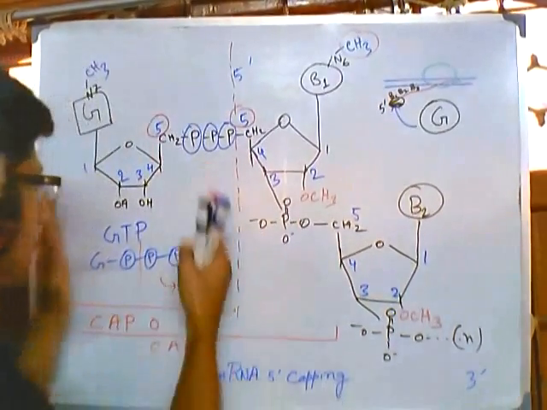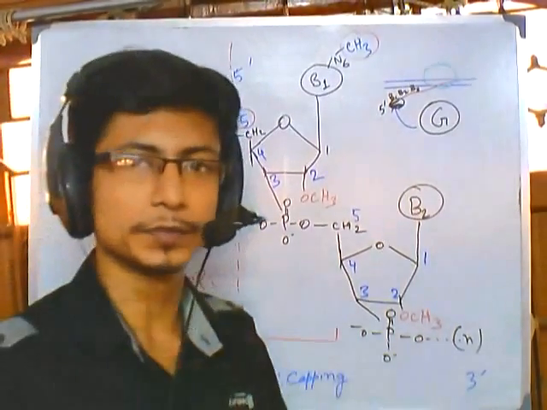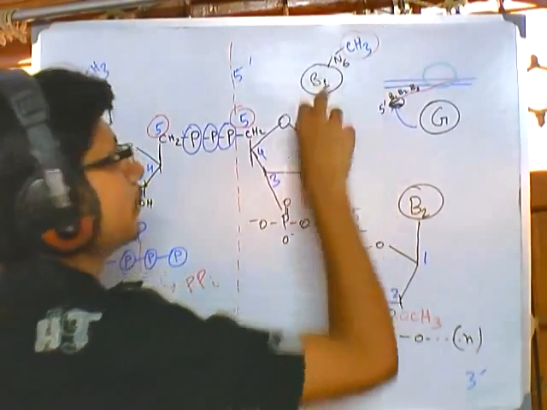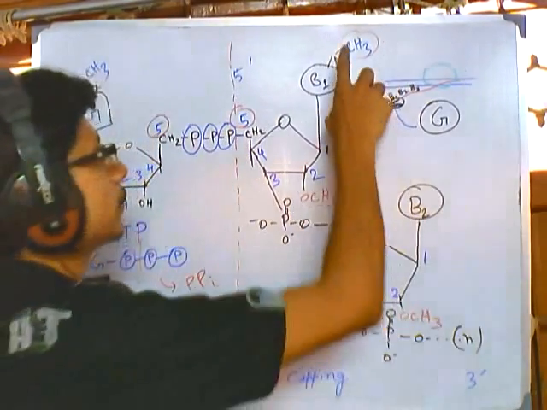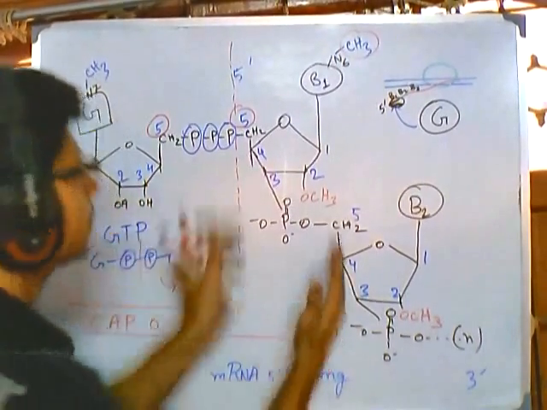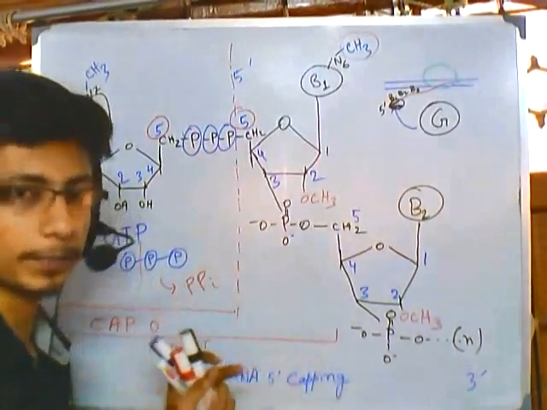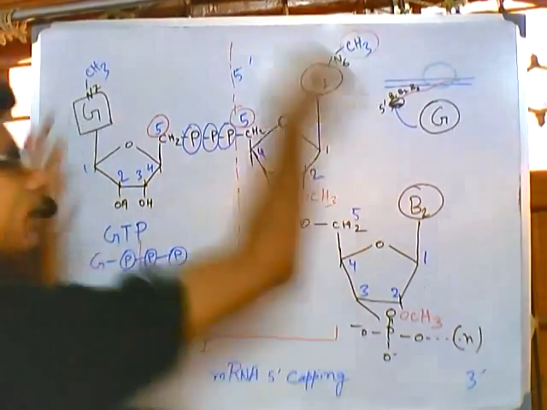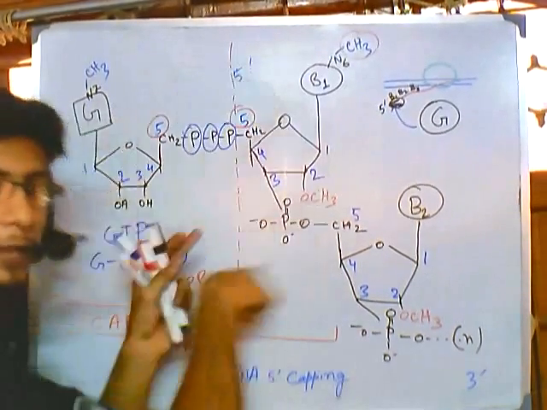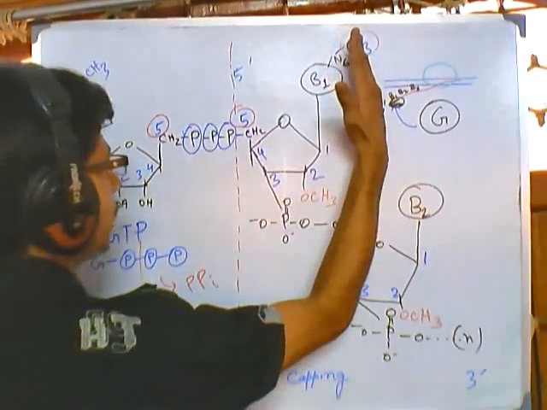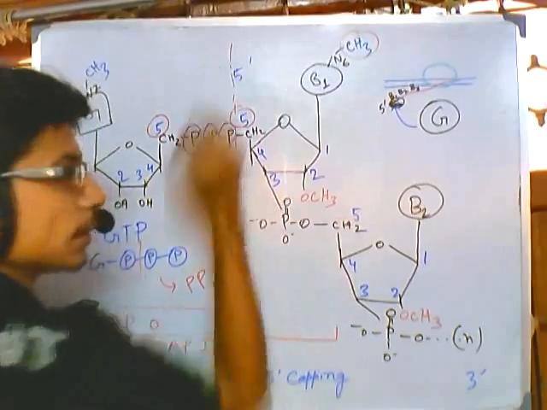This part along with this part are common features, but sometimes N6 of base 1 can be modified via methylation. We call that the cap 1 structure, but remember this small modification alone is not cap 1. Along with cap 0, if this modification happens, then combining everything, we call it the cap 1 structure. So now the cap structure will be this part instead of this part.